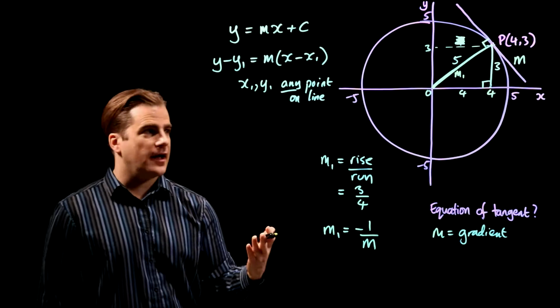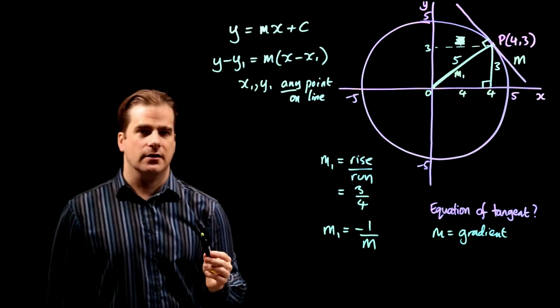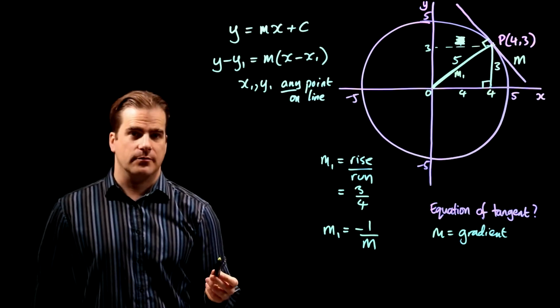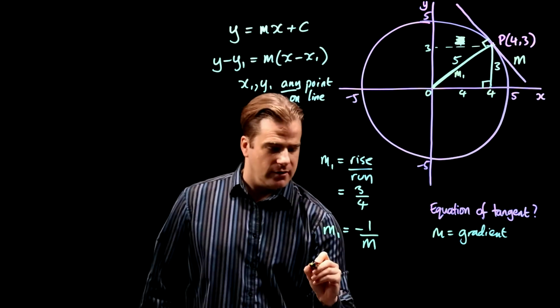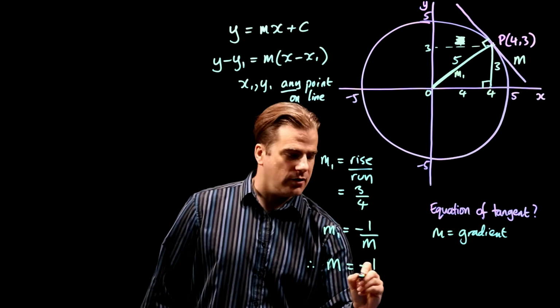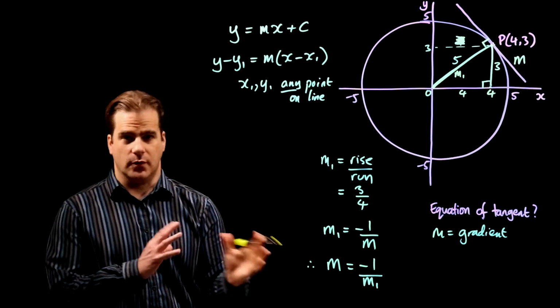Just to go over it again, if two lines are at right angles to each other, the gradient of one is the negative inverse of the gradient of the other. And you can rearrange this, it works both ways round. Therefore m is -1 over m1. Okay? Works both ways round.